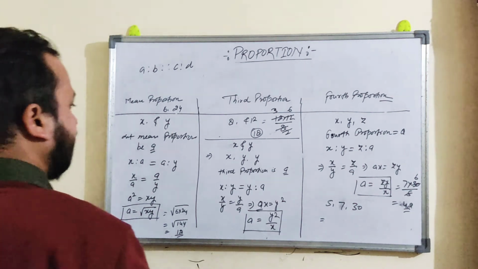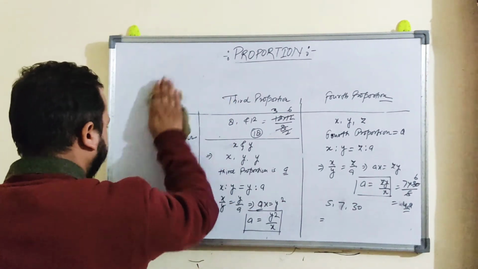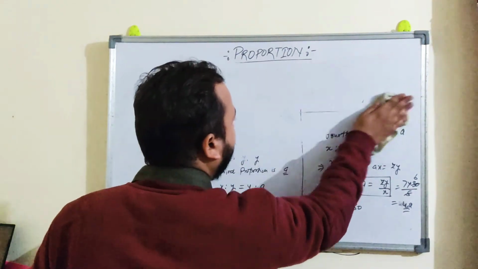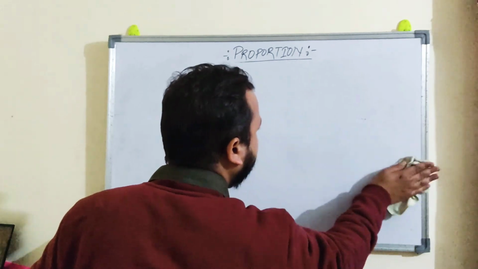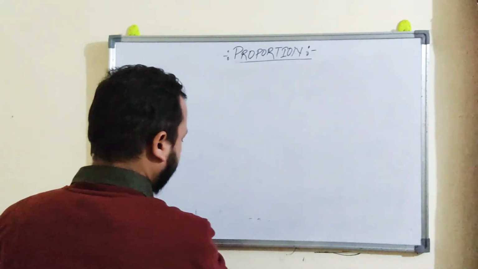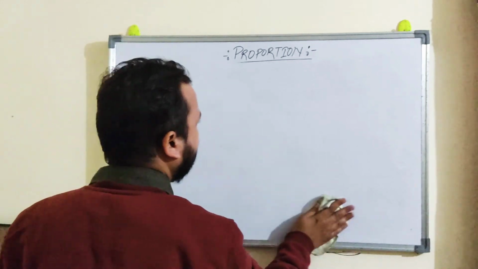So now come to the questions of exercise 8b. The questions are very simple actually. In that you have to find out if they are in proportion or not.